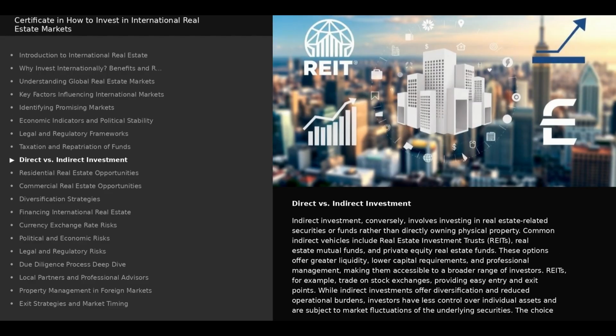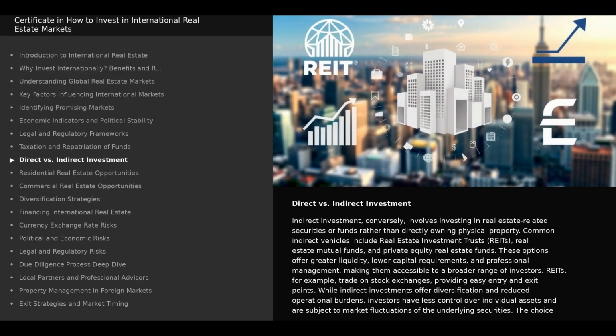Indirect investment, conversely, involves investing in real estate-related securities or funds rather than directly owning physical property. Common indirect vehicles include real estate investment trusts, REITs, real estate mutual funds, and private equity real estate funds. These options offer greater liquidity, lower capital requirements, and professional management, making them accessible to a broader range of investors.